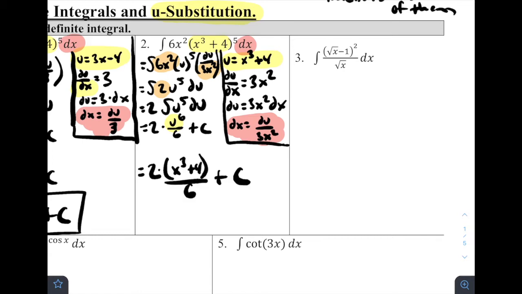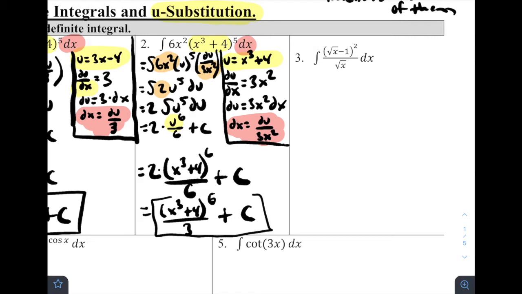And yeah, maybe I'll cancel that 2 and that 6 out. Oh, don't forget, raised to the 6th. So (x cubed plus 4) raised to the 6th, all over, well, 2 divided by 6 is 3, plus the c here. So that is going to be our final answer for problem number 2.